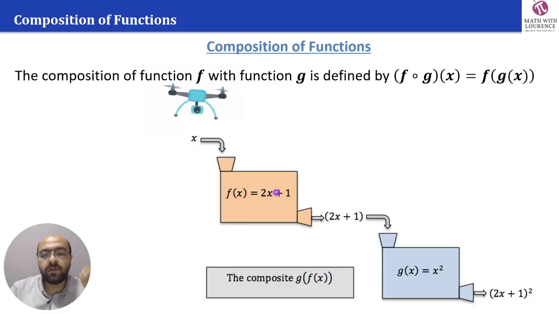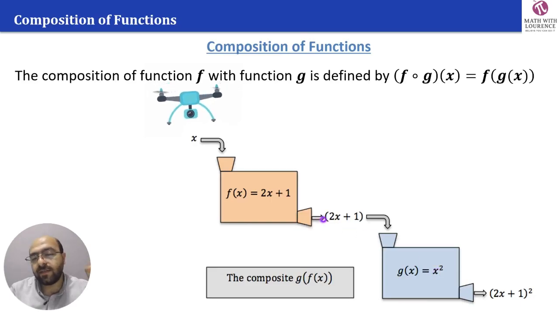I substitute f of x inside g of x. What is g of x? It is x squared. So I delete x and insert 2x plus 1 inside it. So x is converted to 2x plus 1, and we have squared, so 2x plus 1 squared. Excellent.